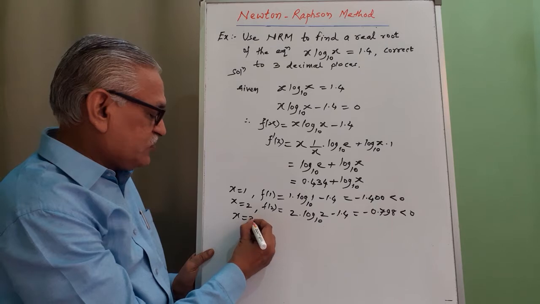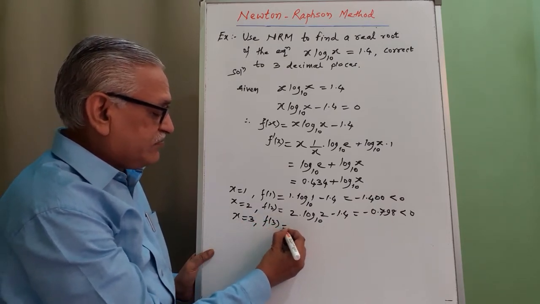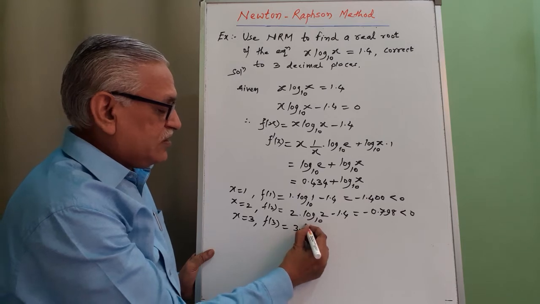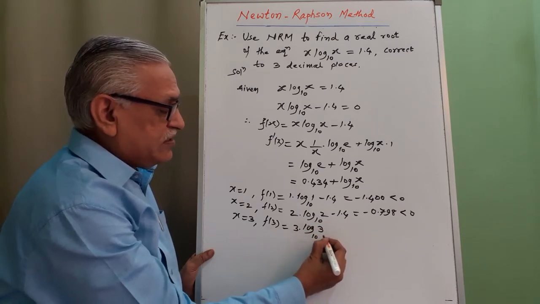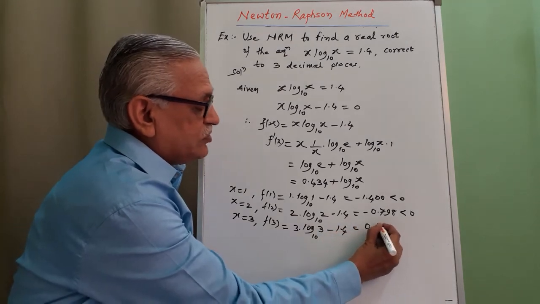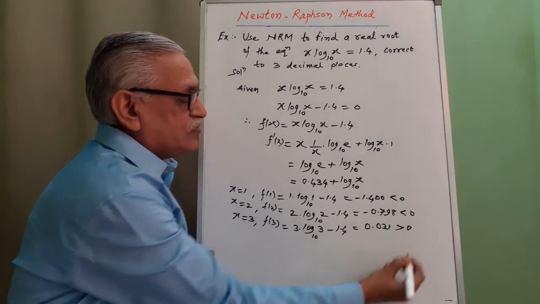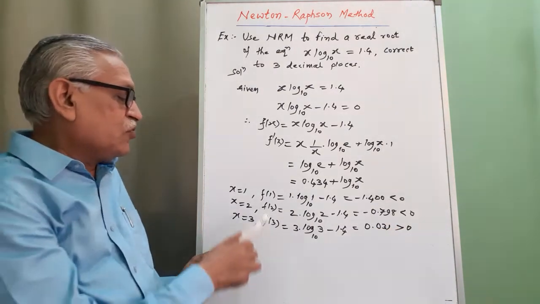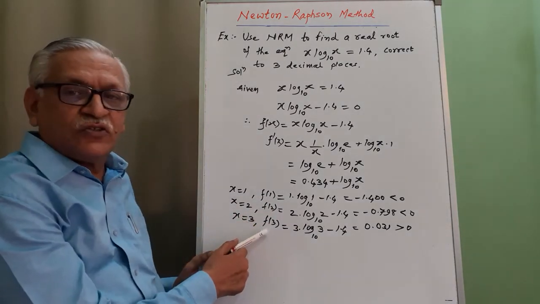Therefore, for x equals 3, we get f of 3 as 3 log 3 to the base 10 minus 1.4, which is 0.031. Here it is positive, which means the root lies between 2 and 3.